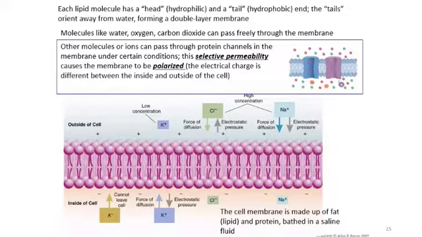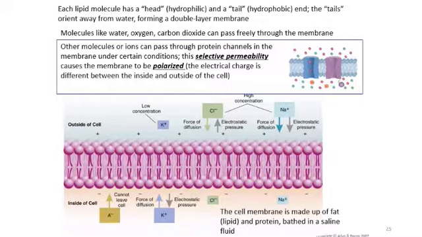What we see here is a high concentration of sodium and chloride on the outside of the cell. That stands to reason because the outside of the cell is salt water. So a lot of sodium and chloride on the outside of the cell; the cell is being bathed in that saline solution. On the inside of the cell, we have potassium, which can leak through a little bit, and it wants to leak through because it wants to fall down a concentration gradient.